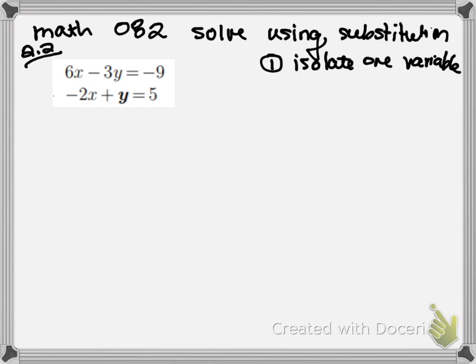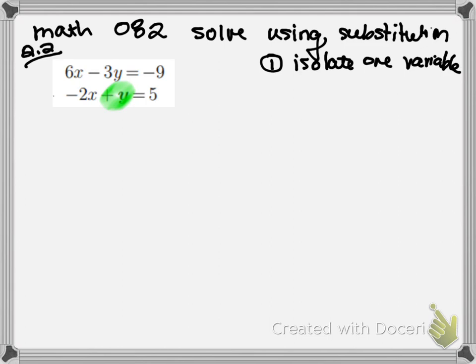So what I always do, because why do work that you don't have to do, right, is I go through here and try to find what variable is already very close to being by itself. In other words, are there any variables here which already have a coefficient of 1? So if you look closely, you might notice that this y here, do you guys see? The y already has a coefficient of 1.